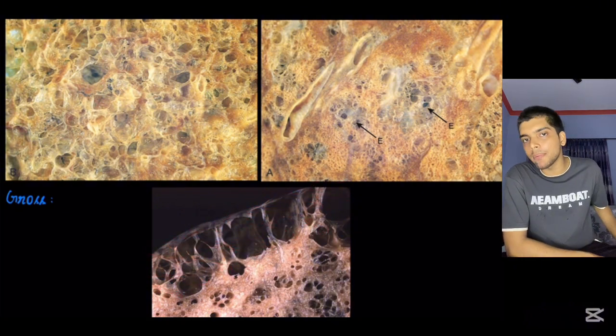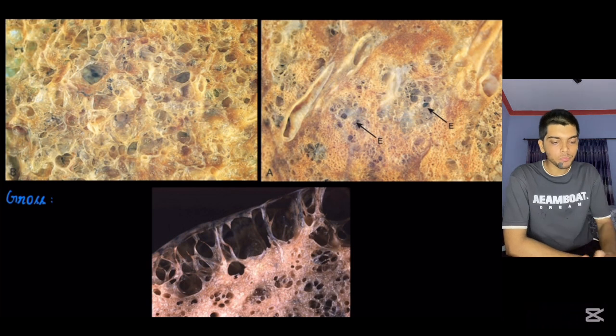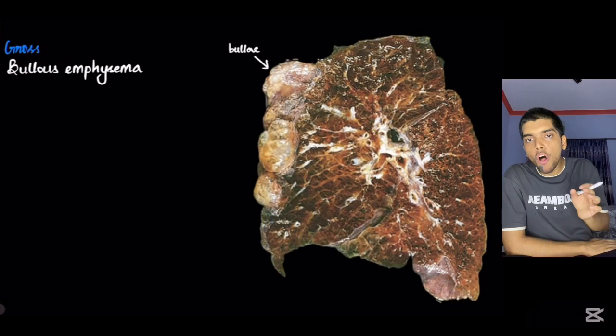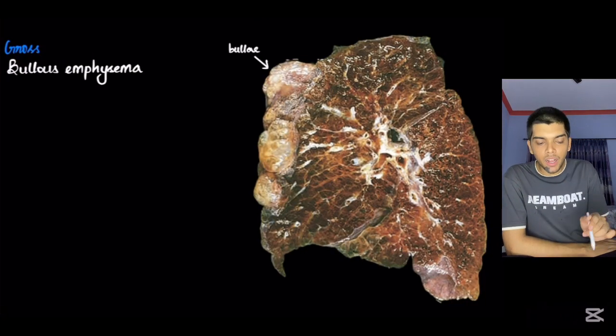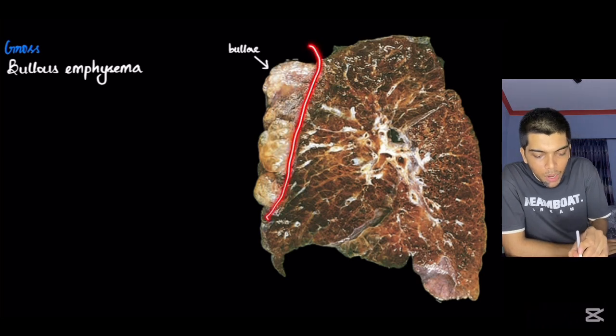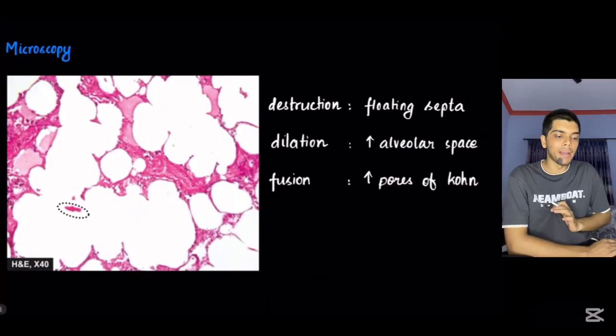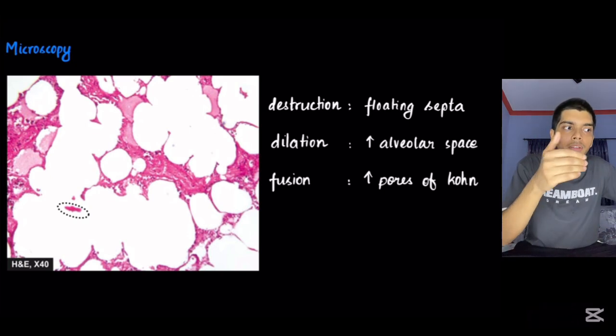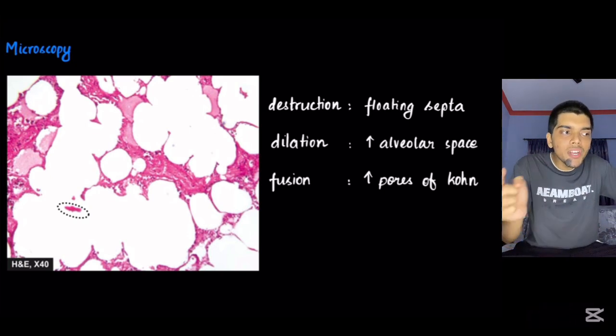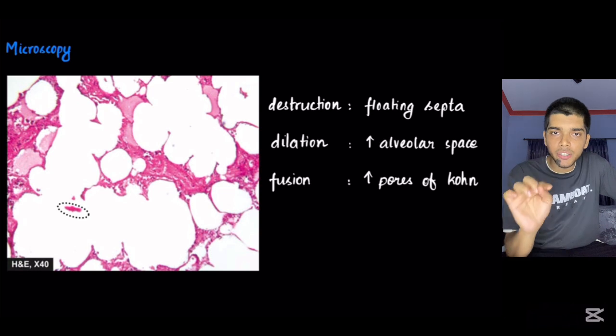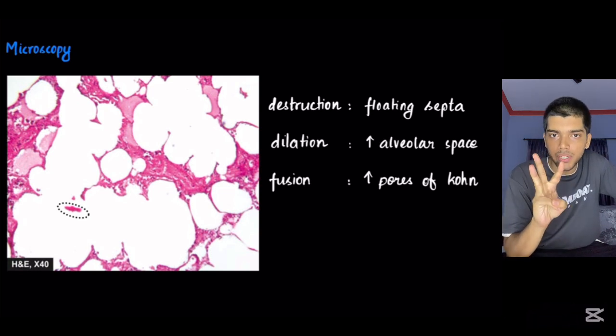So it is paraseptal emphysema. What is this? This is also emphysema, but it is associated with the formation of bulla and blebs, so-called bullous emphysema. Microscopy. At the beginning of emphysema, during the definition of emphysema, I asked you to remember 3 words, right?